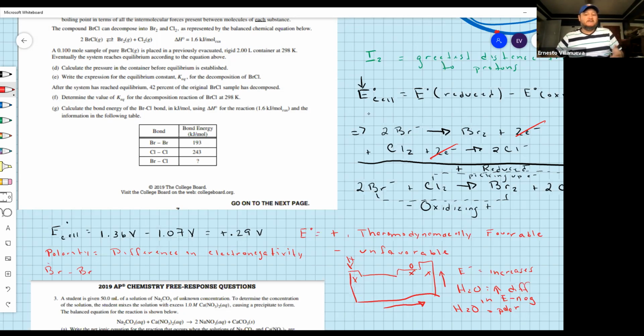If the electronegativity of this bromine is 3 and this bromine is 3, then the difference is 0. Because there's no difference in electronegativity, we get nonpolar. Now, if something is nonpolar, what's the main intermolecular force that we're going to experience here?